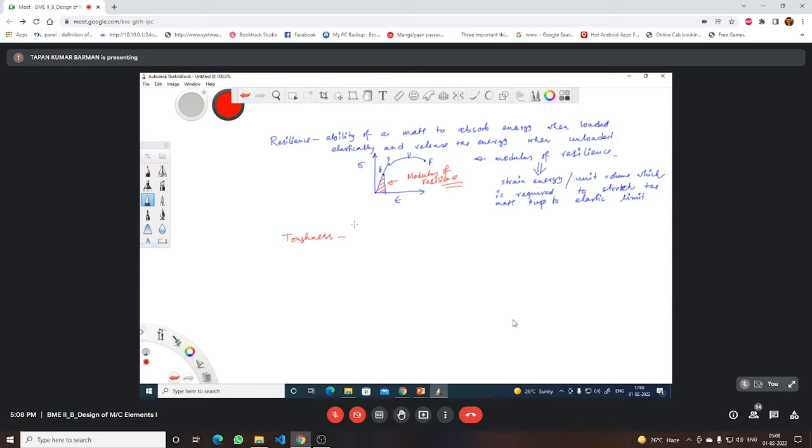So basically the definition is the ability of the material to absorb energy up to fracture.